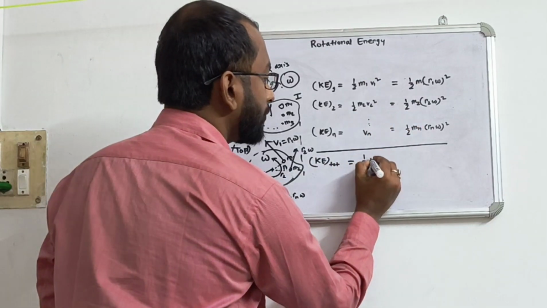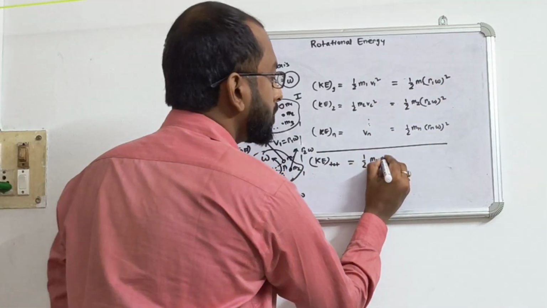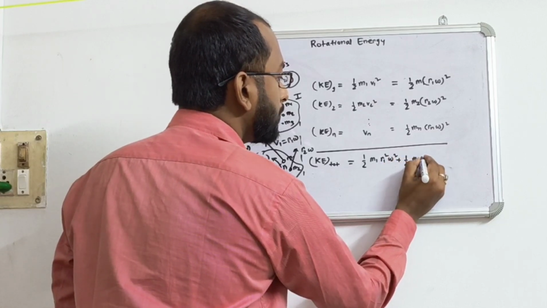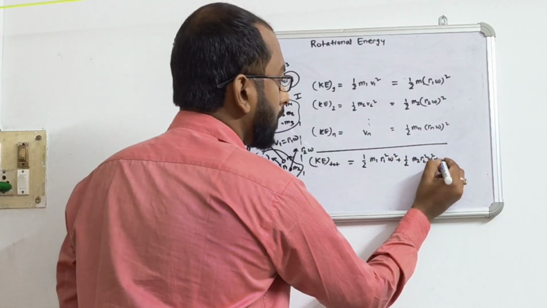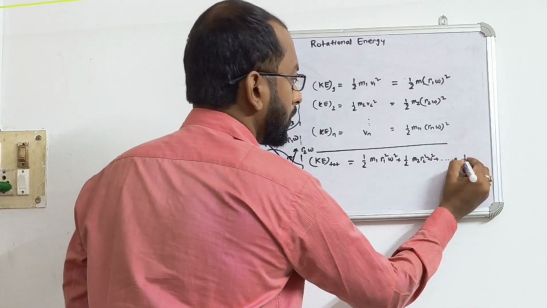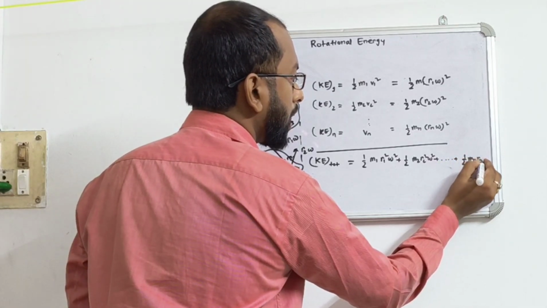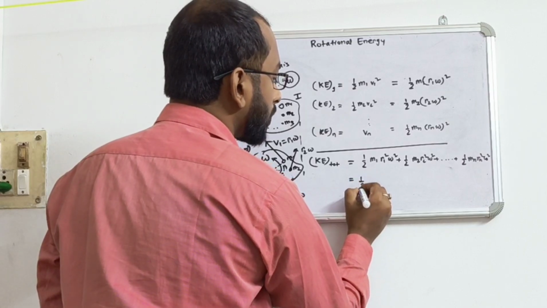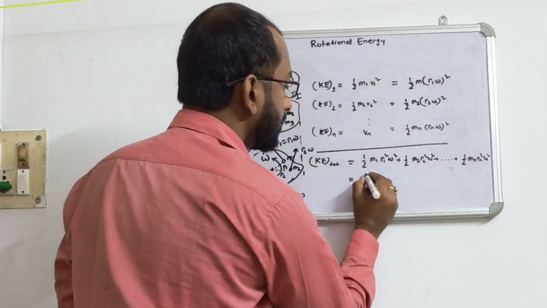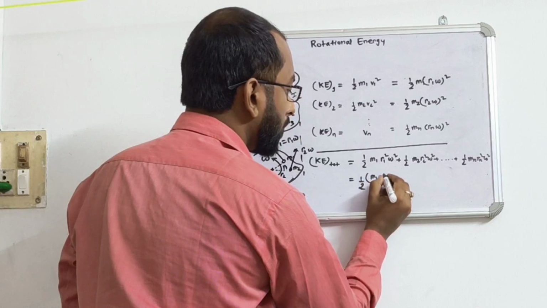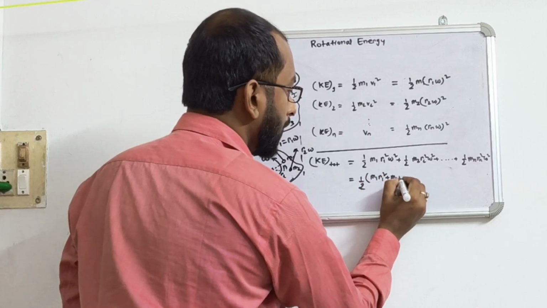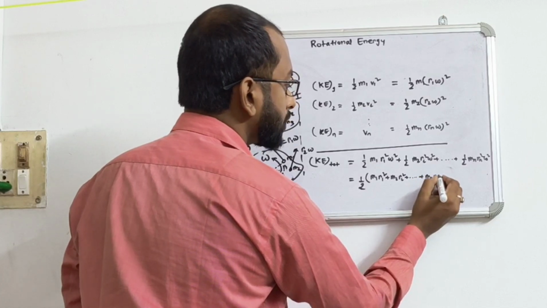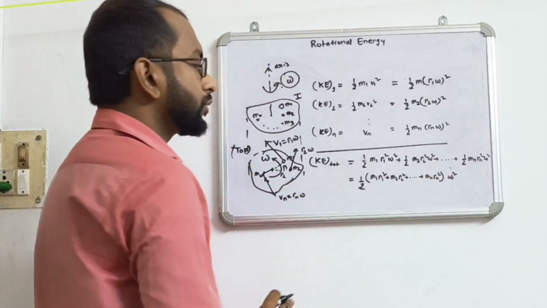We'll write half of m1 r1 square omega square plus half of m2 r2 square omega square plus up to half of mn rn square omega square. So we'll keep omega square outside. It will be m1 r1 square plus m2 r2 square plus up to mn rn square, multiplied with omega square.